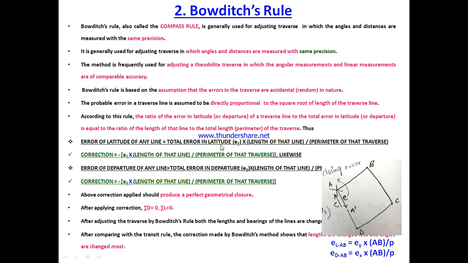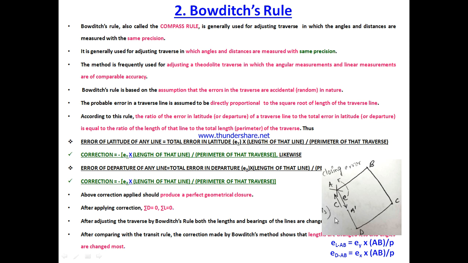Now, from this formula, what I want to conclude is how to calculate the error in the latitude of line AB. Whatever traverse line is there, we need to calculate its horizontal component as well as its vertical component. I have already explained that latitude and departure are just orthographic projections of these lines, lying either in the direction of the meridian, that is north-south, or perpendicular to it, that is east-west.